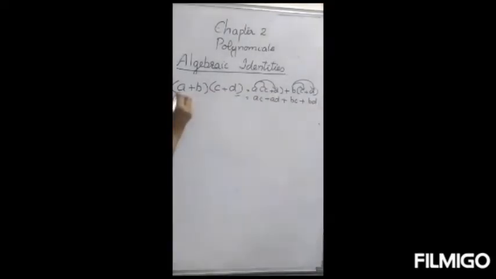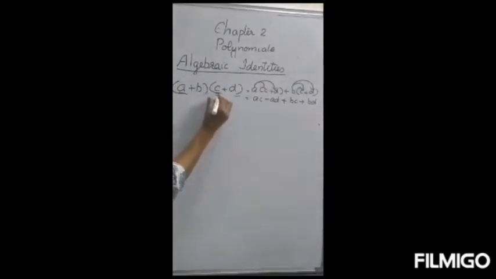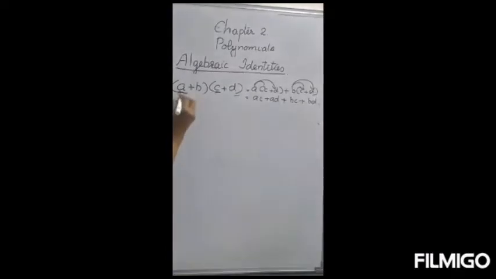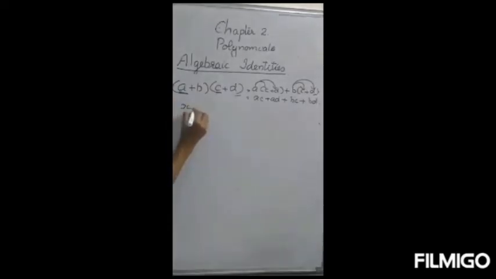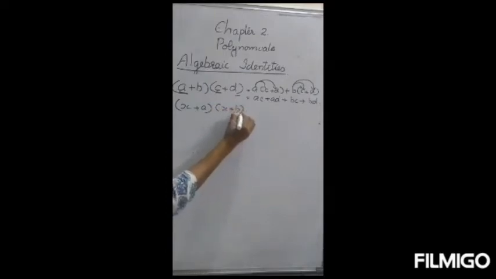Now, if a and c become same, that is, we are interchanging this a and c as x, that is (x plus a) and (x plus b). Here, the first term is same and the other is different.